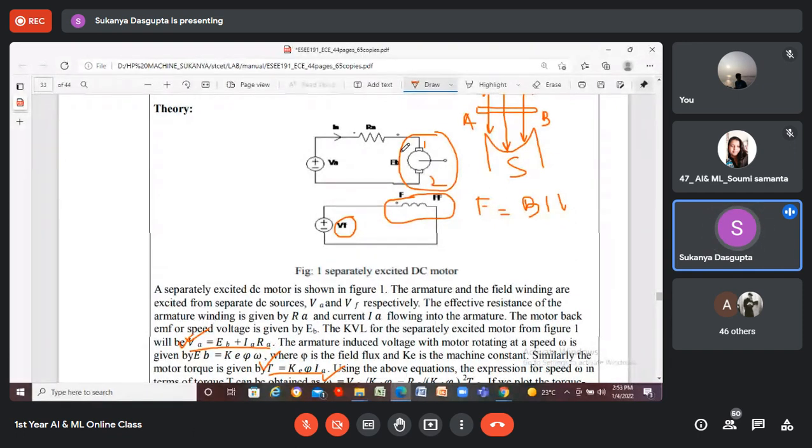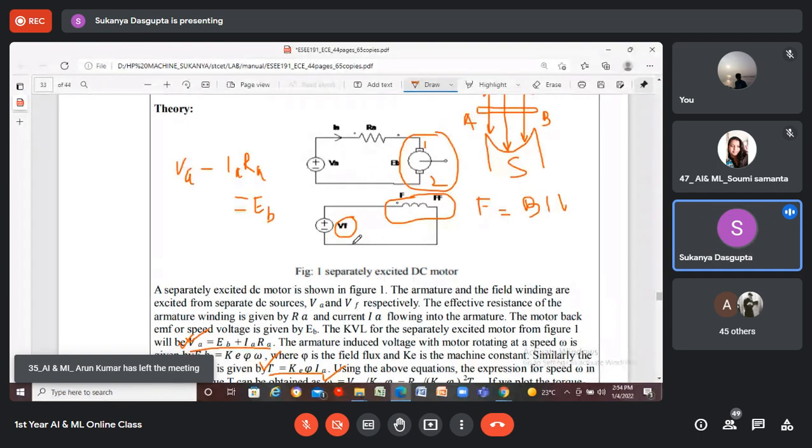This terminal voltage will always oppose the cause of its production, that is the supply voltage VA. So basically the supply voltage minus the drop IA RA is EB, the back EMF. That means VA, the supply voltage, minus IA RA equals EB. This is the basic fundamental EMF equation of a DC machine.